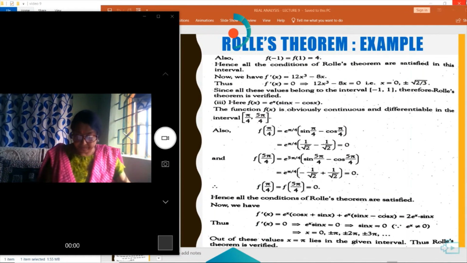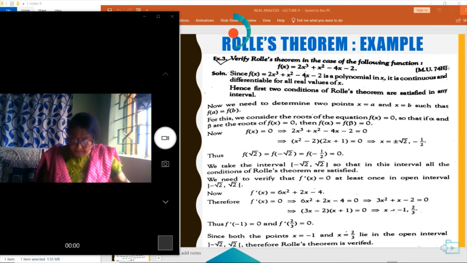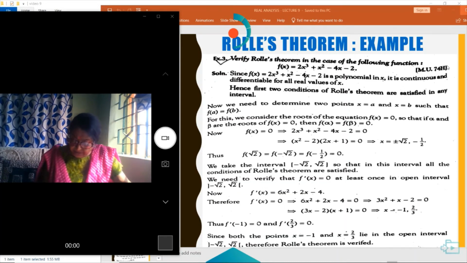Now, another example. Verify Rolle's theorem in the case of the following function: f(x) is equal to 2x cubed plus x squared minus 4x minus 2. This is a polynomial in x. It is continuous and differentiable for all real values of x.